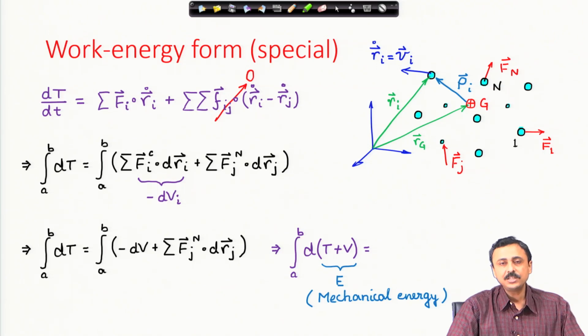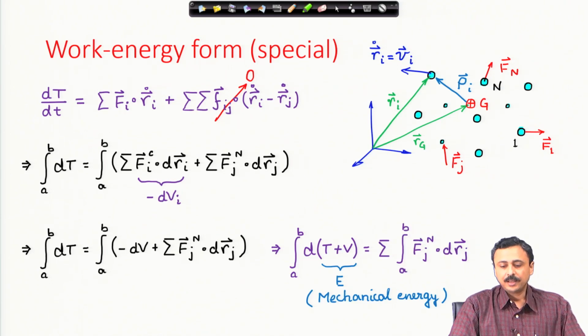Therefore, d(T plus V) integrated from state A to state B, and you know that T plus V, the kinetic plus potential energy expression, is known as the total mechanical energy of the system, and that must be equal to whatever is left on the right hand side. It was the work done by the non-conservative forces.